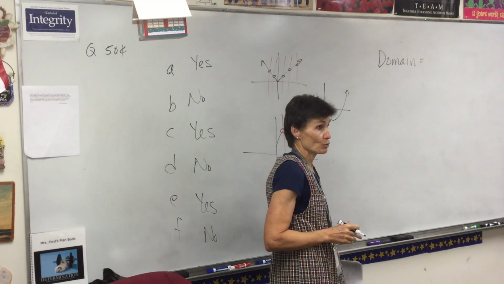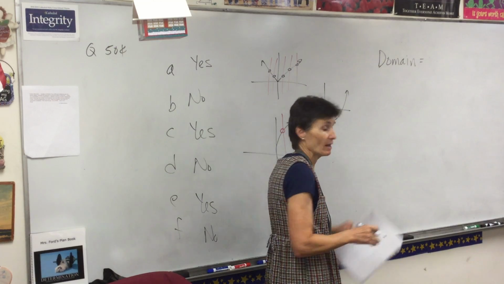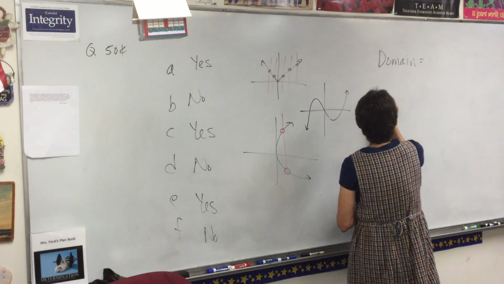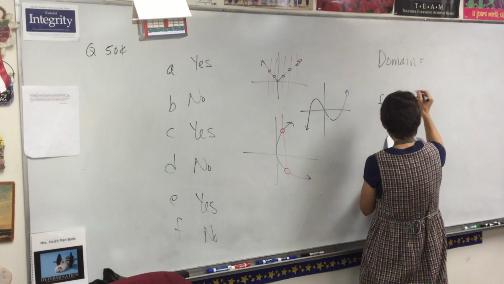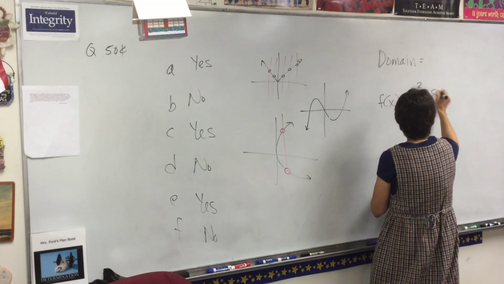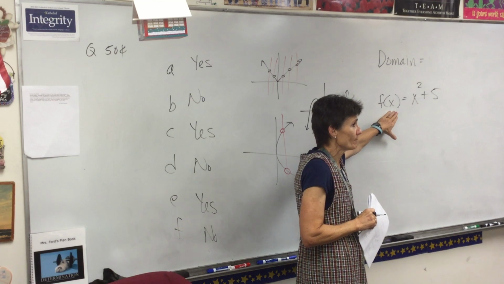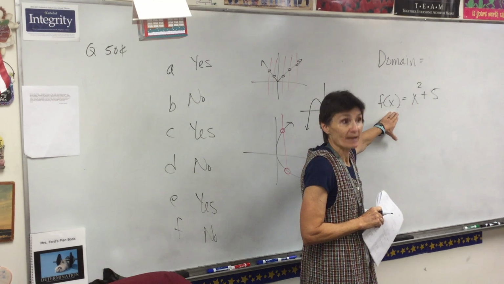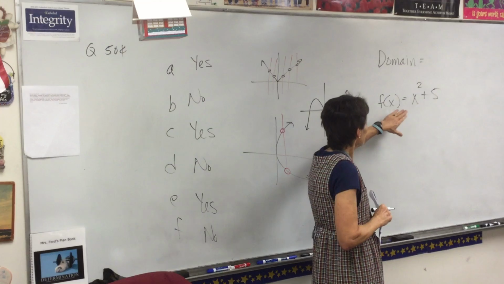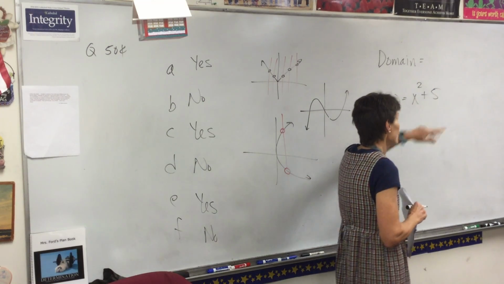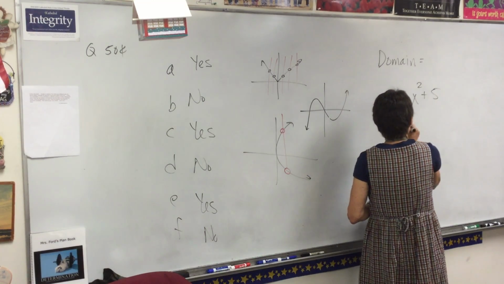It's the x values. We're focusing in on the x values. So when we look at a function, and this is function notation. Can you read this to me? F of x, that's right, f of x. So this is function notation. Your job is to determine the domain.